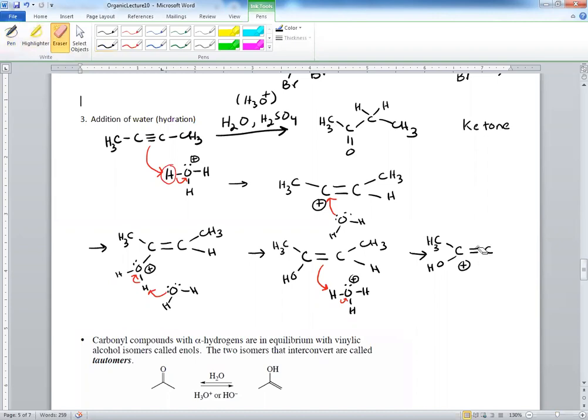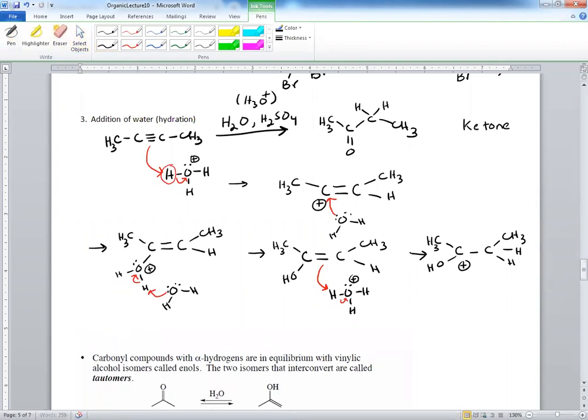No double bond. Right there. Now, so we need more space here.